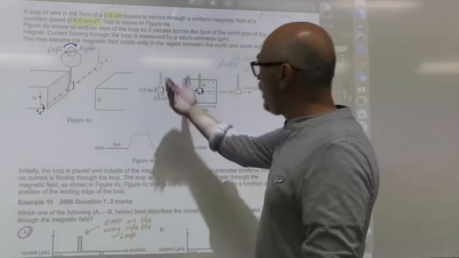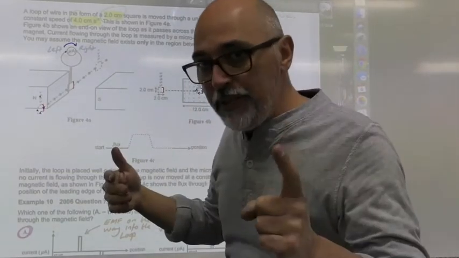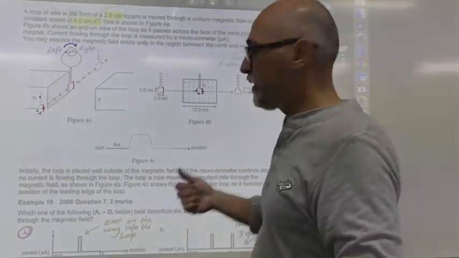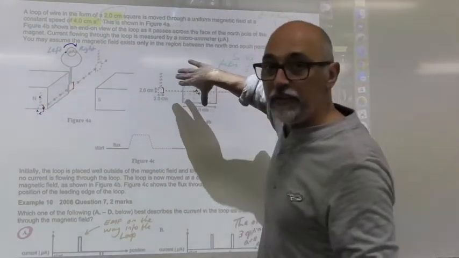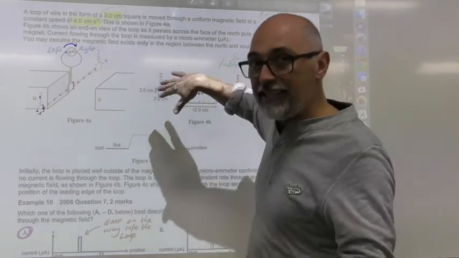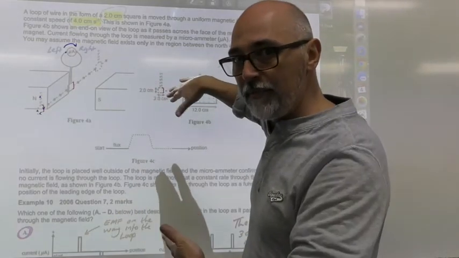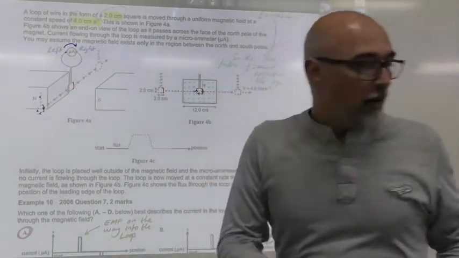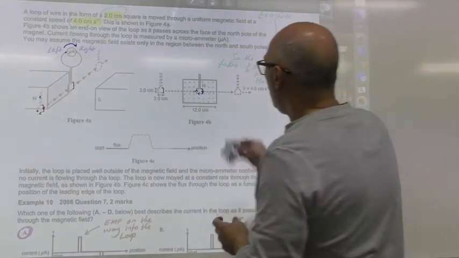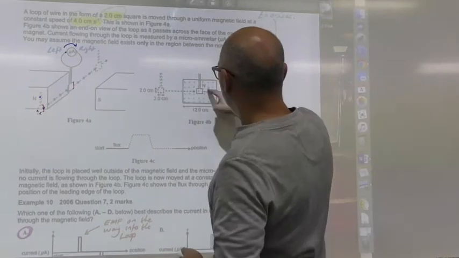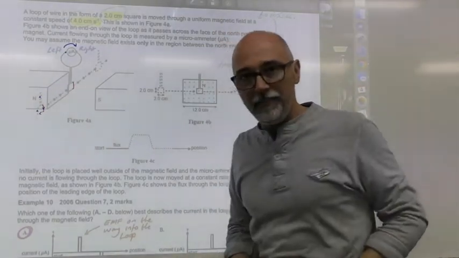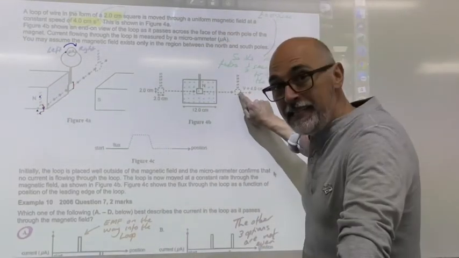If you fill with a field, now the operative word here is you fill with a field that is coming out, you will oppose it by filling with a field that goes in. That's opposite in this context, all right? When the loop now reaches the outer edge, it starts to empty.